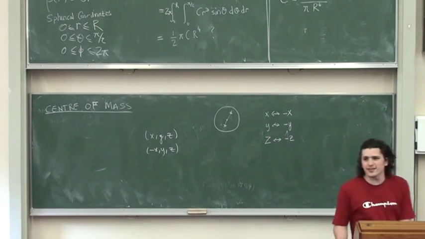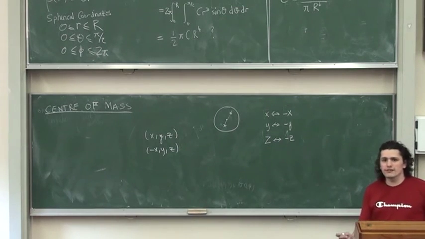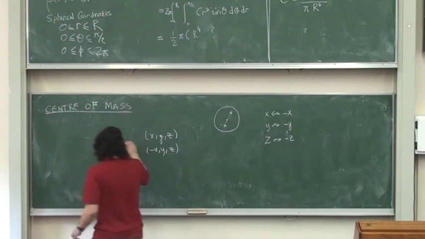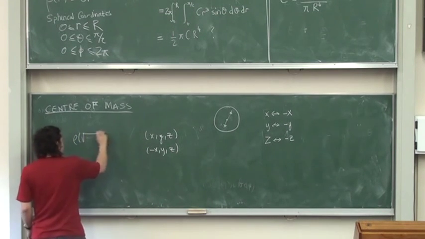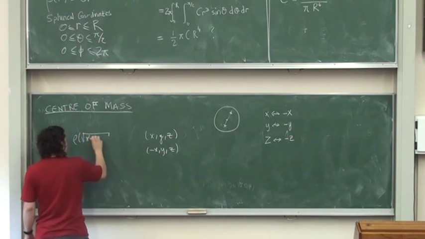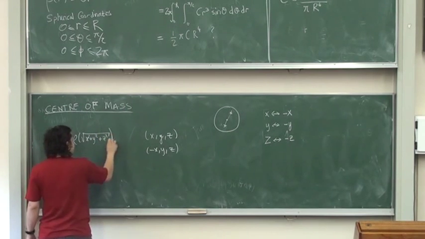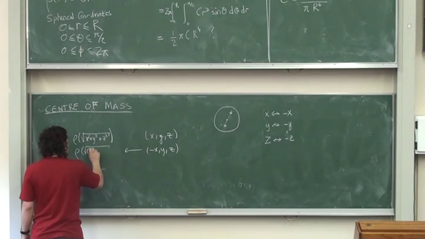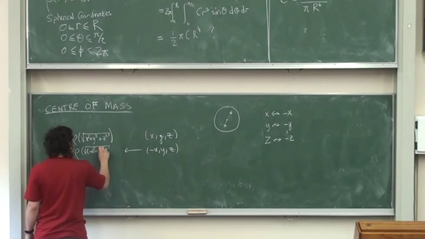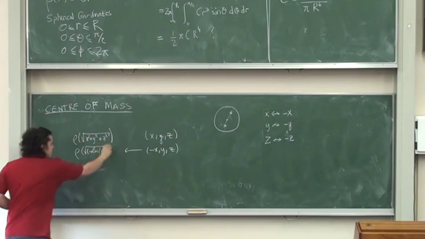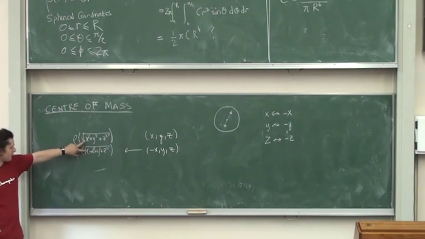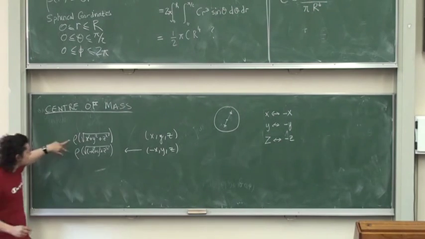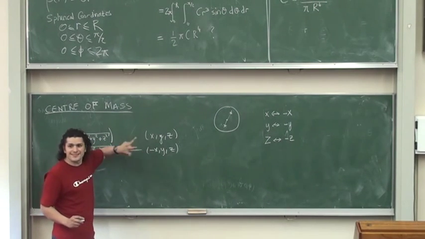The radius is none other than the square root of x squared plus y squared plus z squared. So rho is a function of x squared plus y squared plus z squared. And over here, rho is a function of minus x squared plus y squared plus z squared. Is there any difference? No, because minus x squared is x squared. So the density at these 2 points is the same.